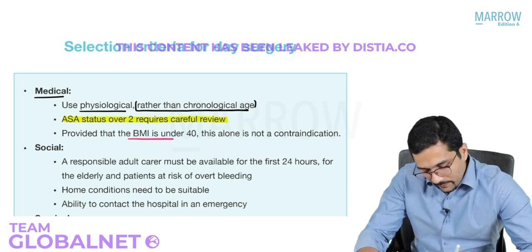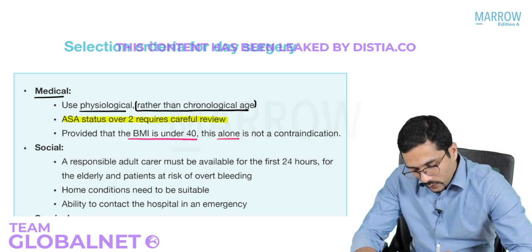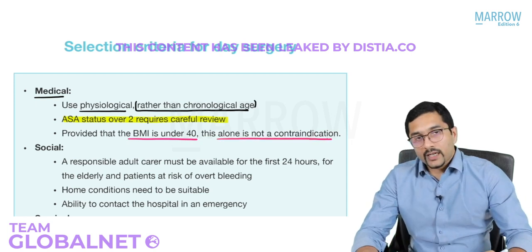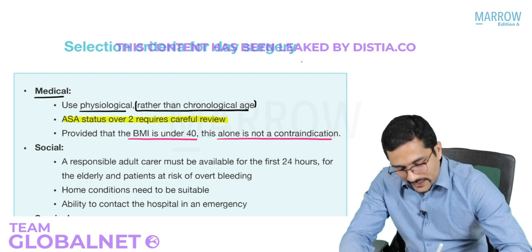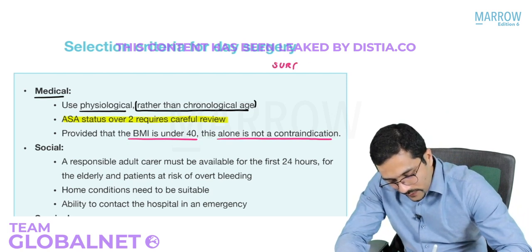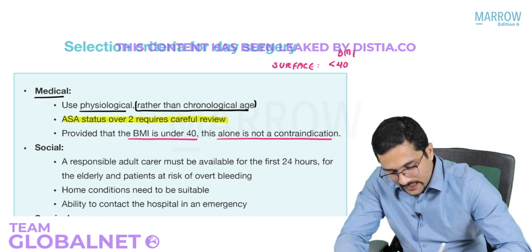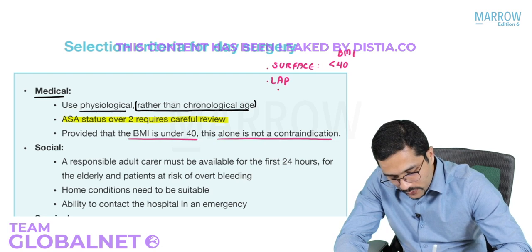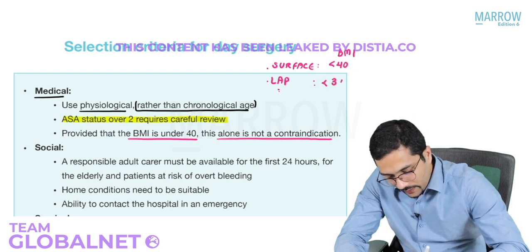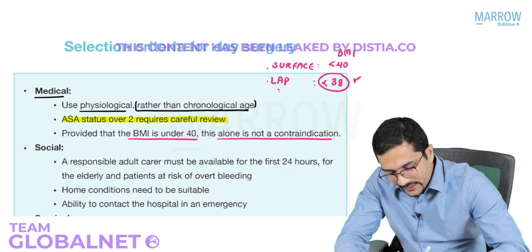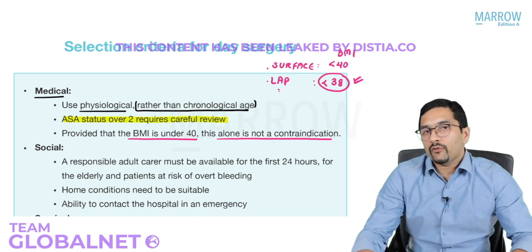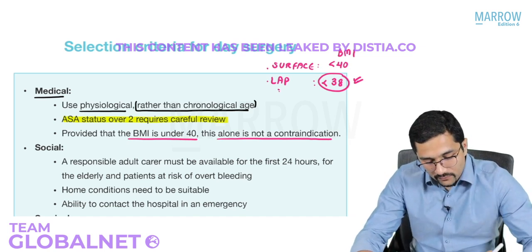BMI, if the BMI is less than 40, that alone is not a contraindication. In fact, for surface procedures, BMI less than 40 is the selection criteria. And if you're doing a laparoscopic surgery, then a BMI less than 38 is eligible for daycare surgery.